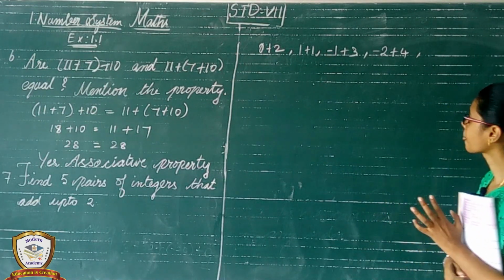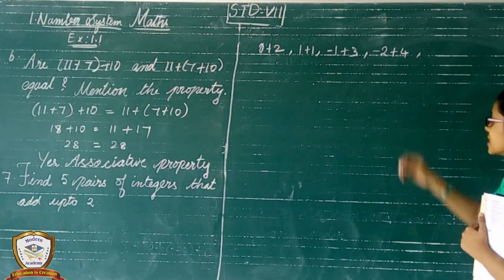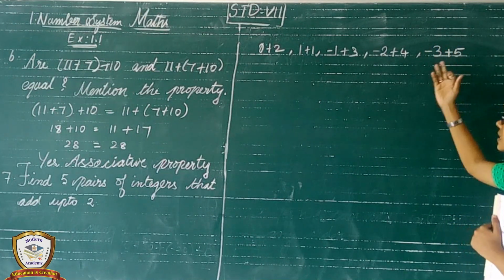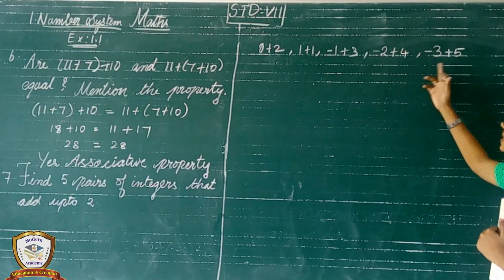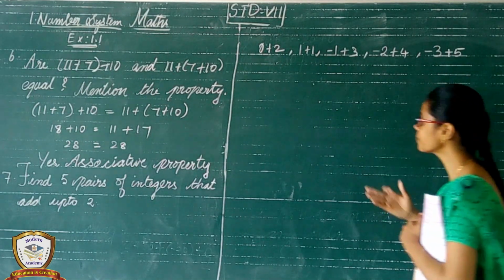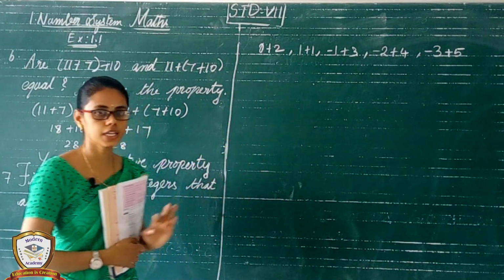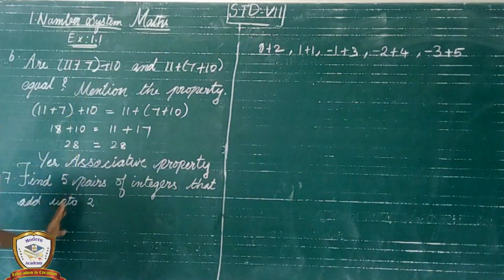What will come? Yes, -3 plus 5. So that is another pair of integers, and that also comes to plus 2. So these are the 5 pairs of integers. Okay, can you understand this?